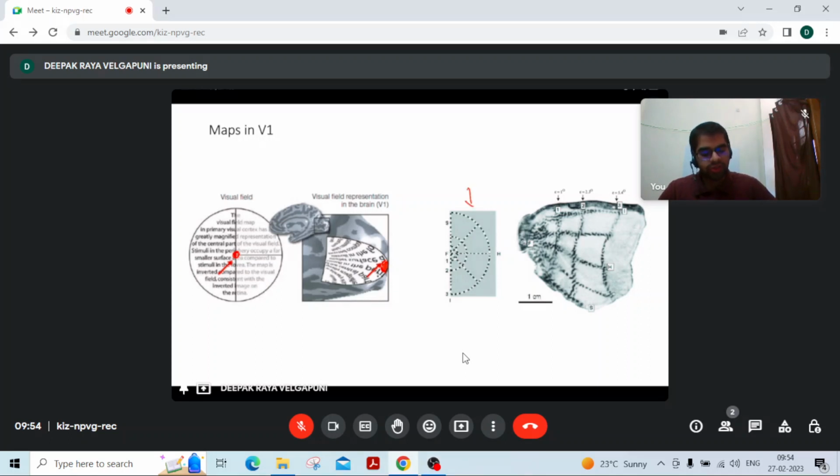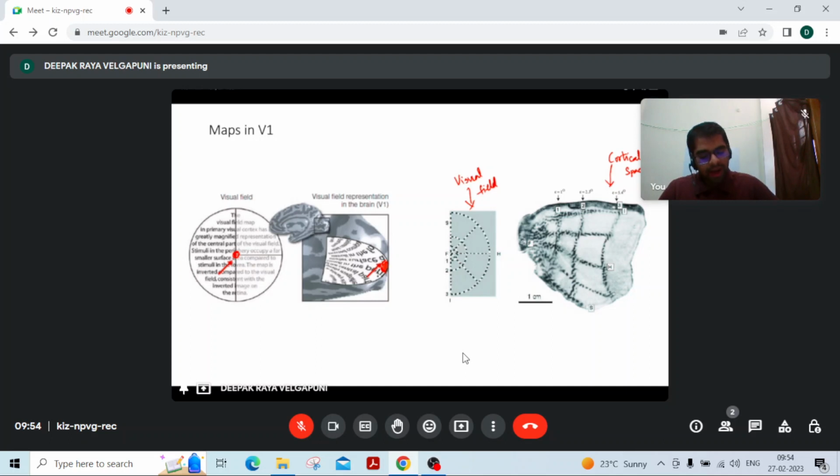This is the actual visual space, and this is the cortical space in your primary visual cortex.